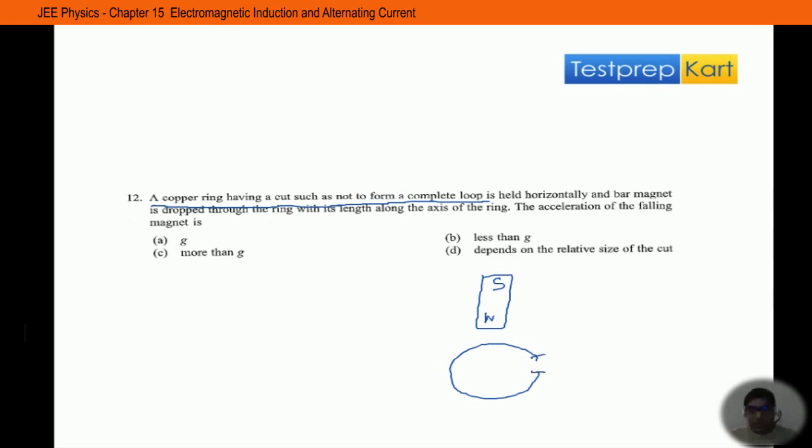So there will be no induced current. If there is no induced current, there will be no opposite polarity. And the only force working on this magnet would be its gravitational weight. So in this case it will experience an acceleration, that is acceleration due to gravity. Okay, so option A is correct for question number 12.